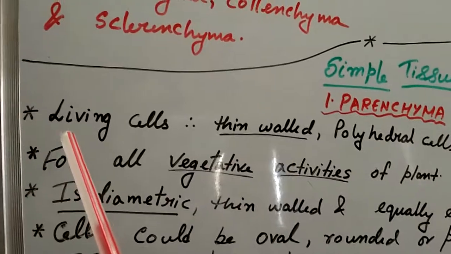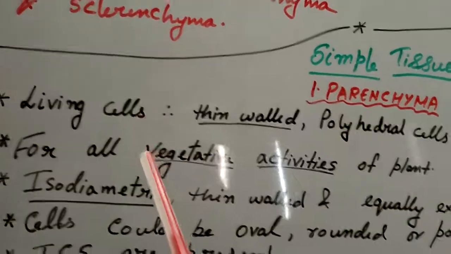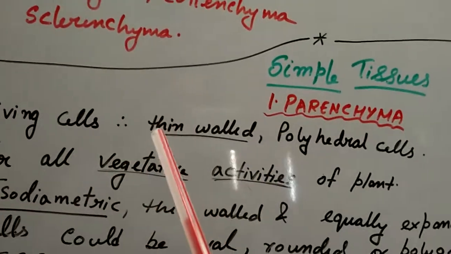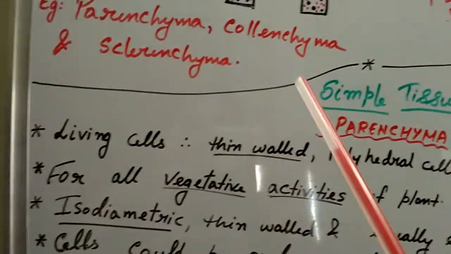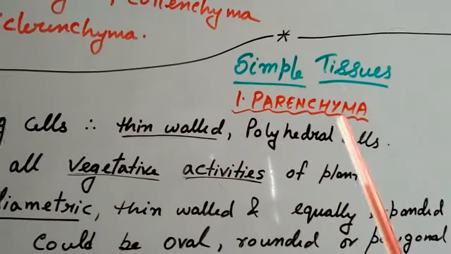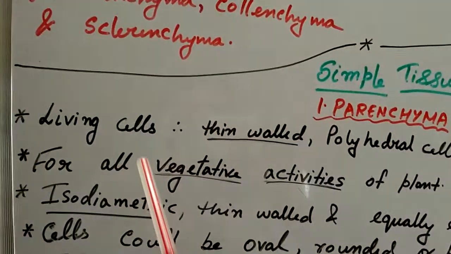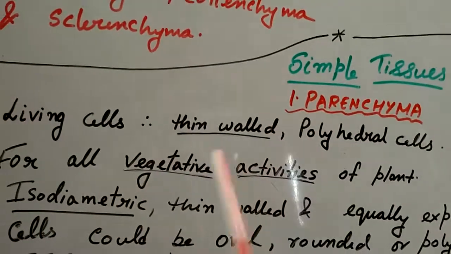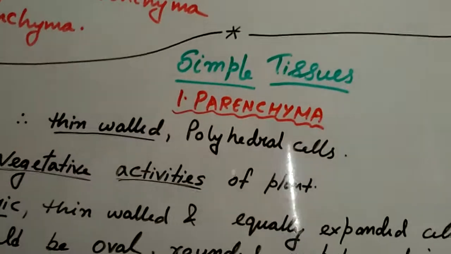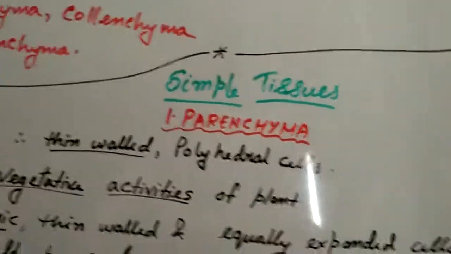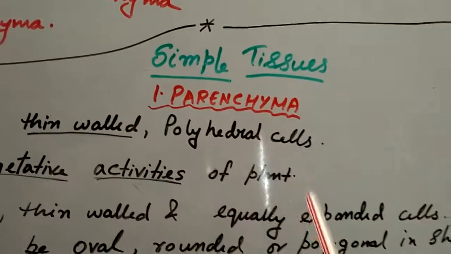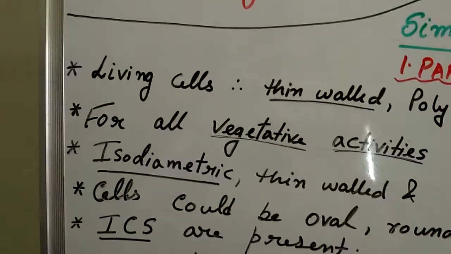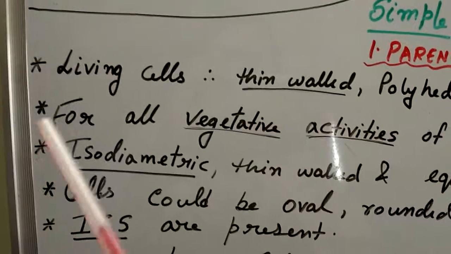Parenchyma consists of all living cells, therefore parenchyma is thin walled, or the cells comprising this tissue are thin walled. That I have already discussed before I started this topic. The cells are polyhedral.